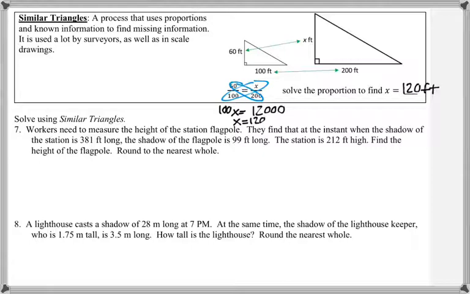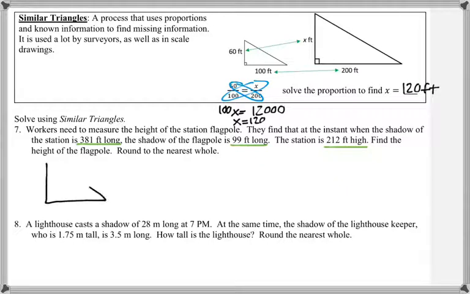We know that the shadow of the station is 381 feet. And the shadow of the flagpole is 99 feet. And we know that the station is 212 feet high. So we have two triangles here.